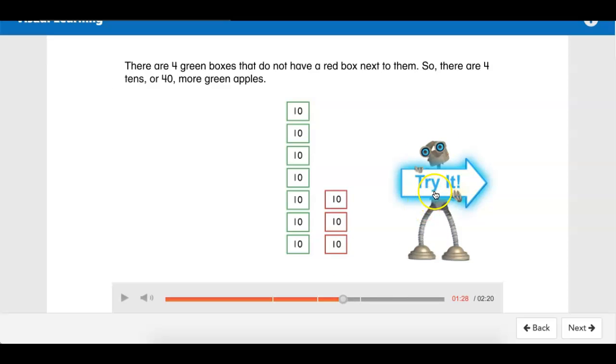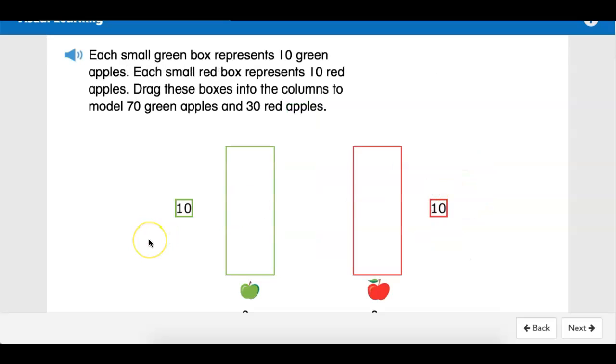Let's try it. Each small green box represents 10 green apples. Each small box represents 10 red apples. Drag these boxes into the columns to model 70 green apples and 30 red apples.